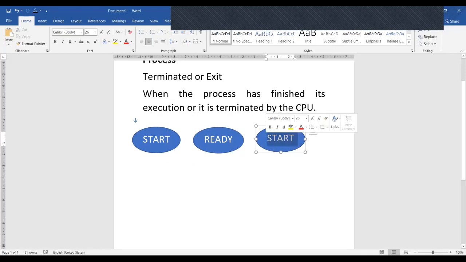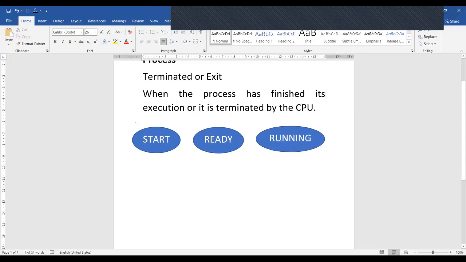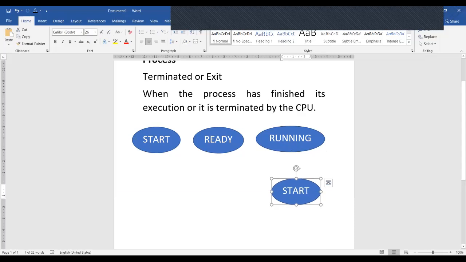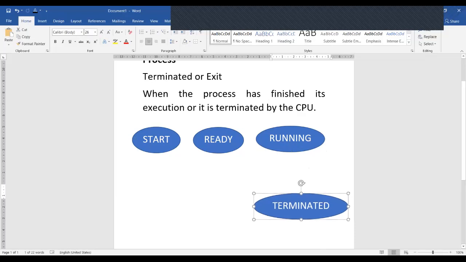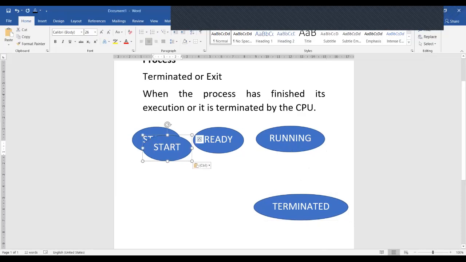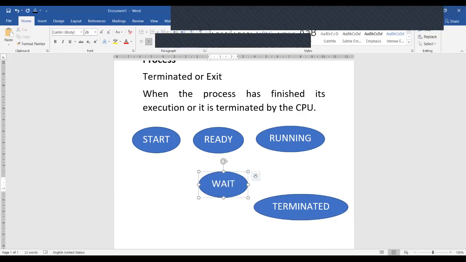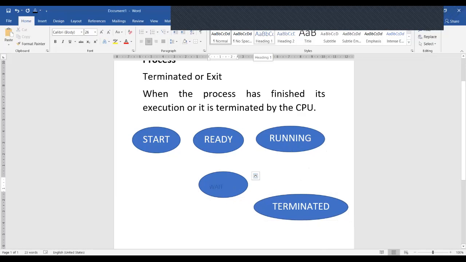Next, here we will write terminated. Here there is one more state, that is wait. Wait is another state.